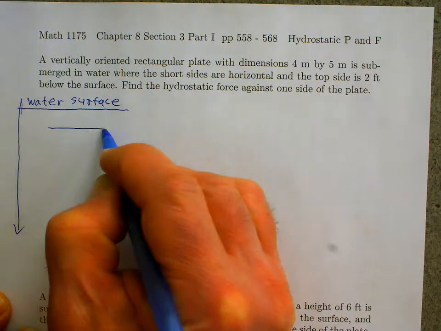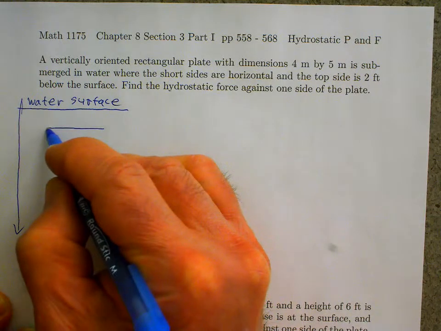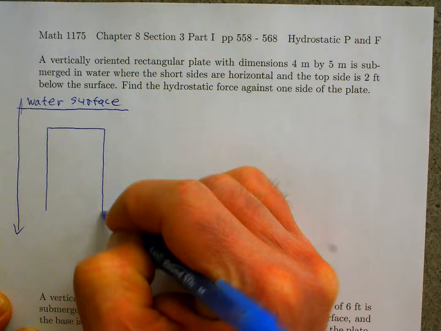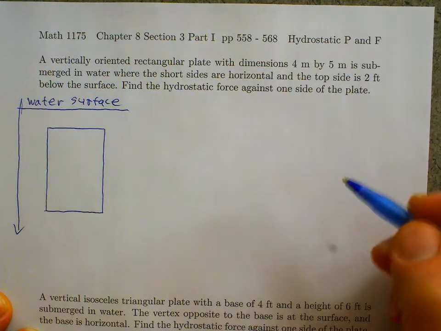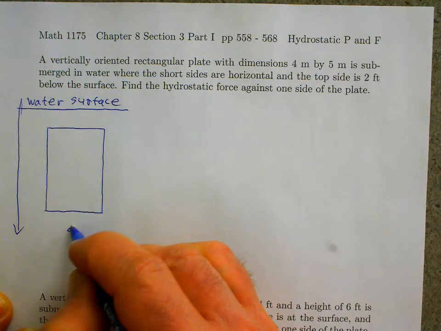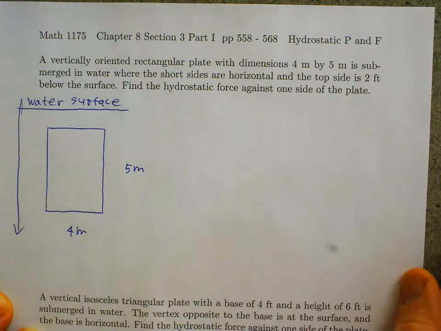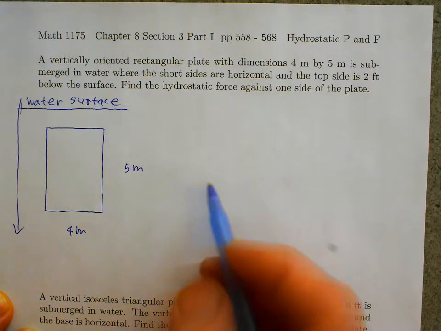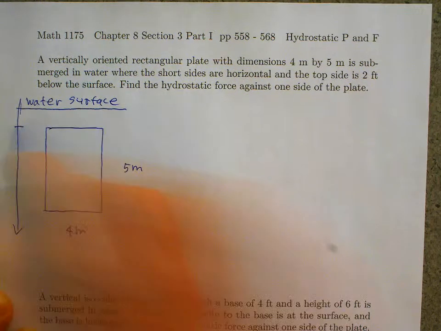The short side is 4 meters and it's horizontal, so the long side is vertical. So 4 meters and 5 meters. So the top part is 2 meters below the surface.